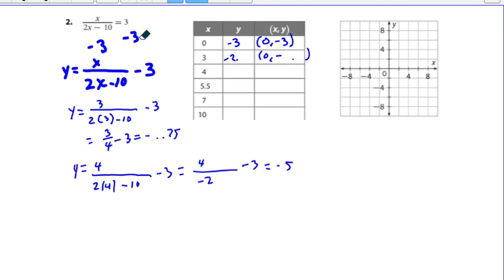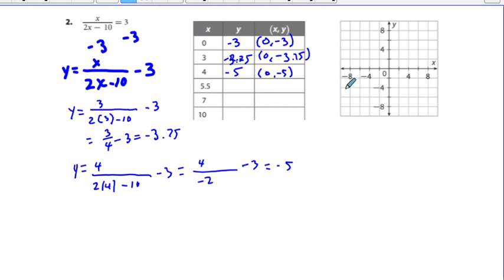I can't even work this right. Negative 3.75. Okay, here we go. Yeah, so this 4 is negative 5. So we got 0, comma, negative 5.